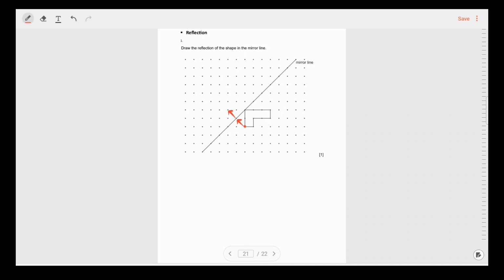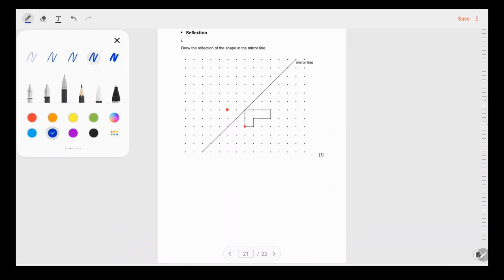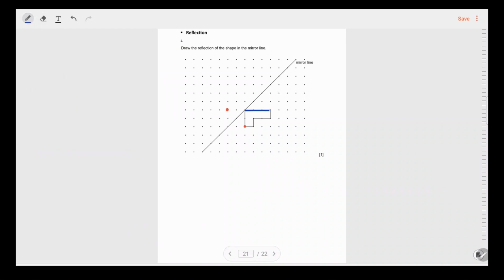The movement is to the mirror line in a perpendicular way and away from the mirror line in a perpendicular way. So we have our reflected point over here. The same way we continue this for the rest of the points as well. So this point is just going to remain over there.